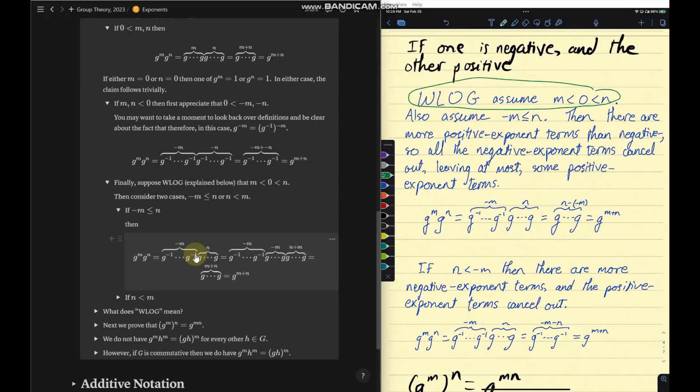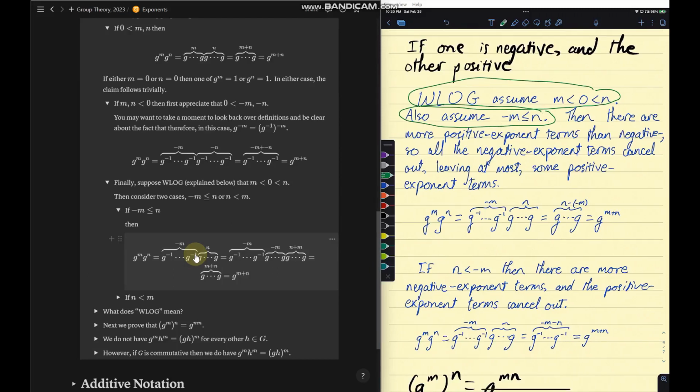Still, we have to break it down into even further cases. So the first subcase here that I'll consider is when negative m, remember, because m is negative, then negative m is positive. And it may be that negative m could be bigger or smaller than n.